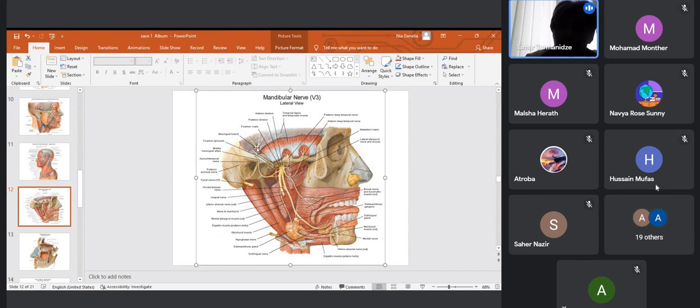These are the auriculotemporal nerve. The auriculotemporal nerve, we have told, is a nerve which supplies the skin of the temporal region. Look, the origin of this nerve consists of two parts.